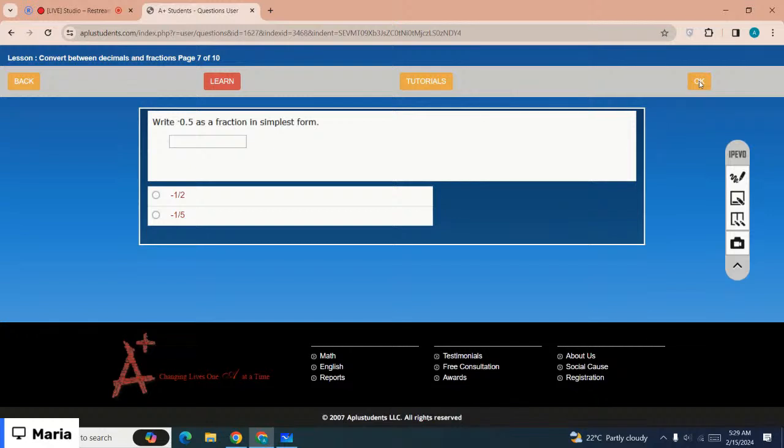Write negative 0.5 as a fraction in simplest form. Which is the correct option?